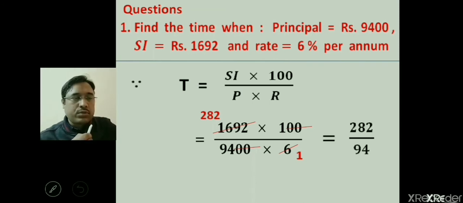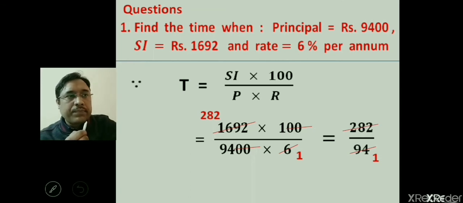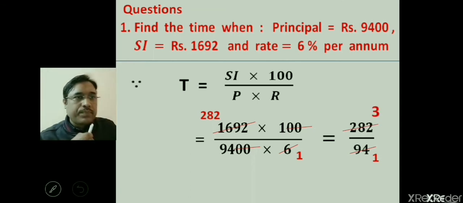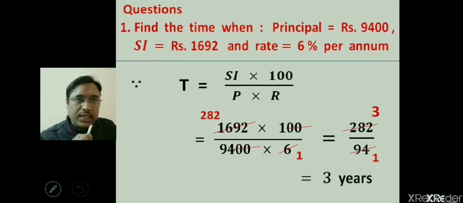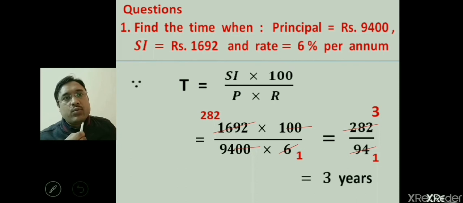You can check by multiplication that 94 into 3 gives 282. So 282 is divisible by 94 three times. Then the result is 3 years only. So the required time is 3 years, in which the principal 9400 will have SI of 1692. For this condition the time should be 3 years.